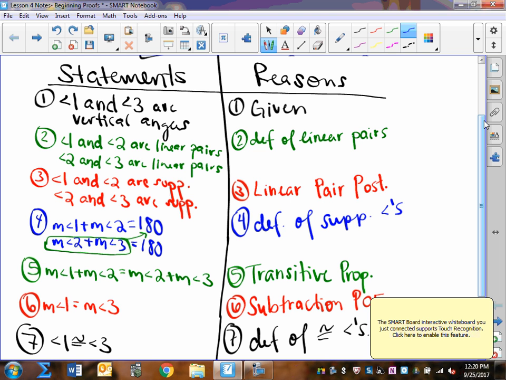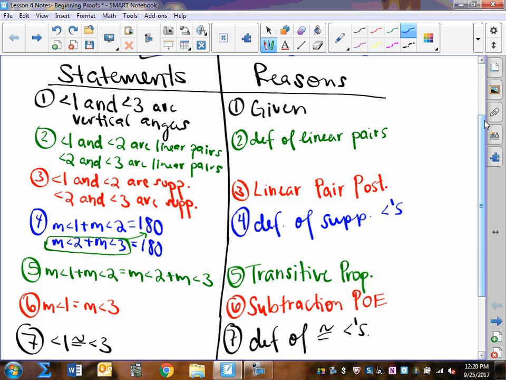Then that would have flipped your order around, so you would have had to add an additional step of symmetric property where you flip it back. So again, it's helpful if you look at that proof statement as you're working through and say, hey, I want angle 1 on the left, let me make sure when I set it up that my angle 1 is on the left.